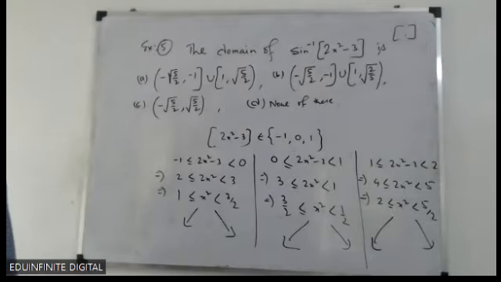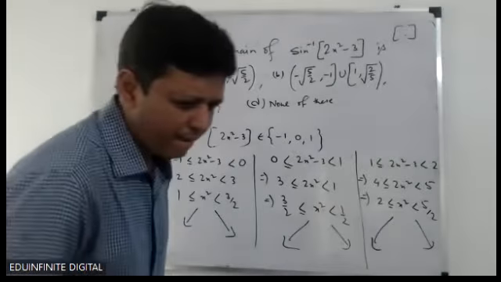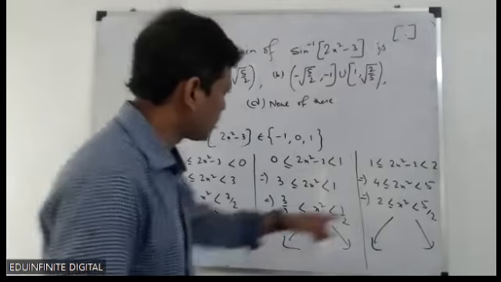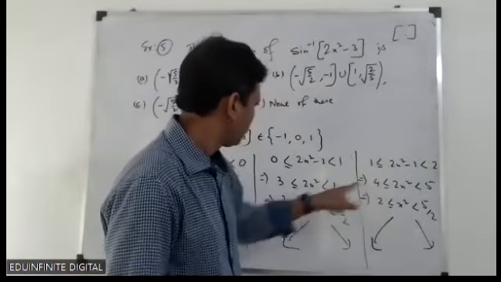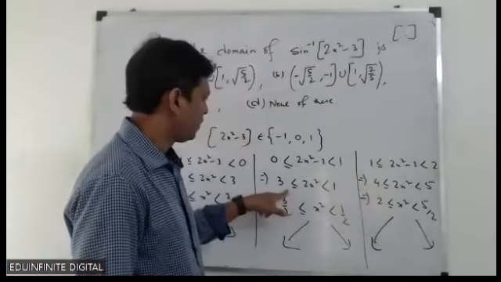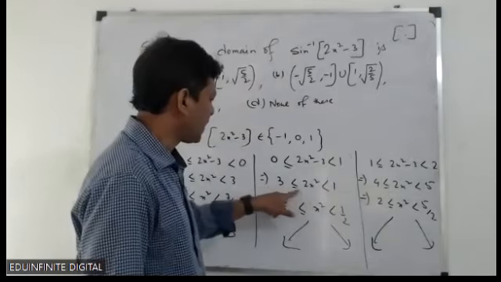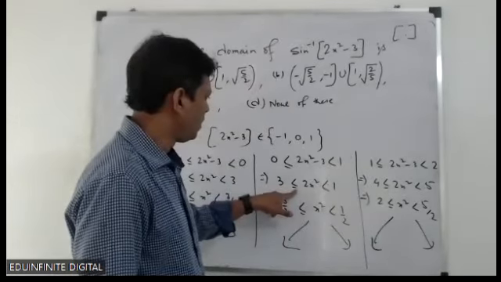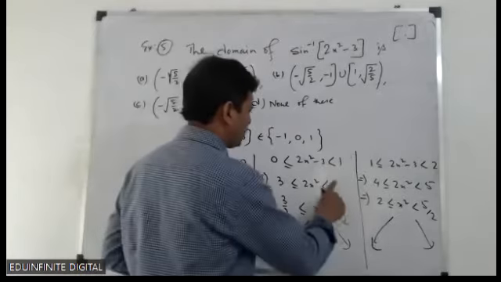calculation. Sir, won't it be 3 less than or equal to 2x square less than 4? This one. Second one. This stage. Yes. So won't it be less than 4? Right-hand side will be 3, 4. Oh, this is 4. Sorry.